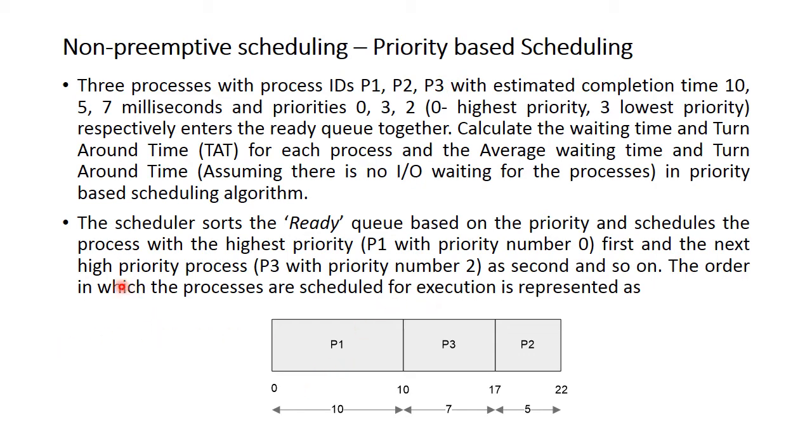The order of execution is P1, having the highest priority, then P3, and then P2, which has priority 3.